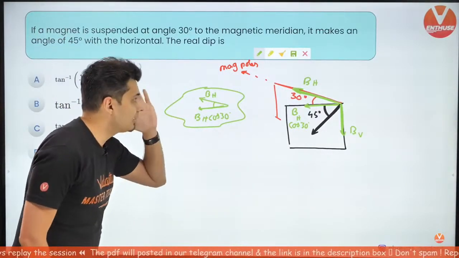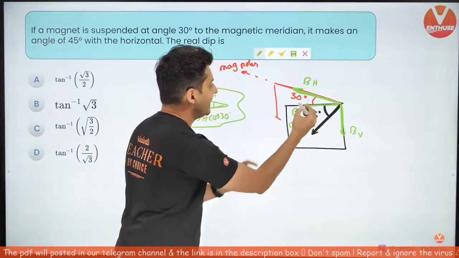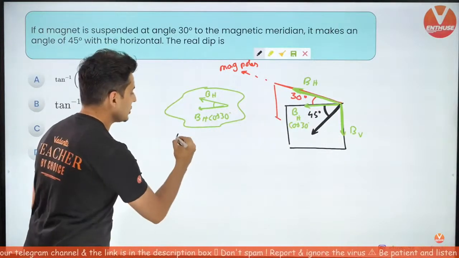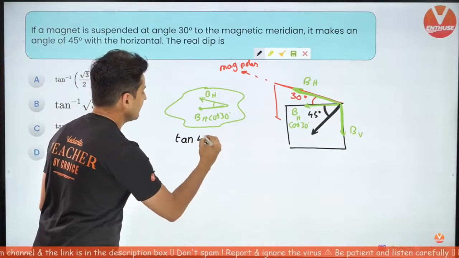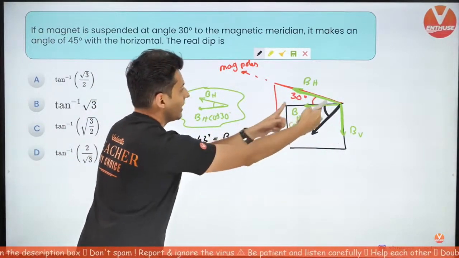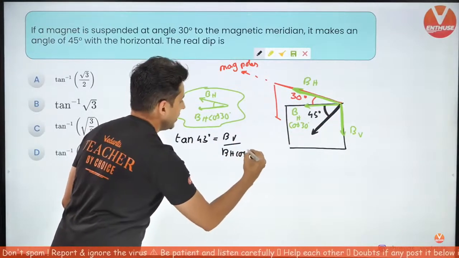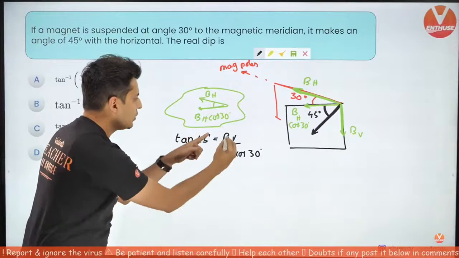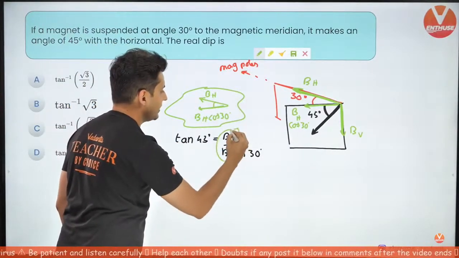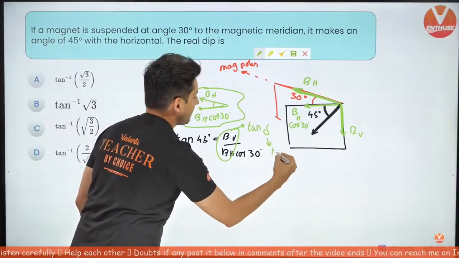Now, once you understand it, things will start making more sense. See, this 45 degrees can be written down by writing a trigonometric ratio. If I try to find tan 45, which is opposite, which is BV, by adjacent, which is BH cos 30, now I know what BV by BH is. BV by BH in general is tan of the true dip angle.